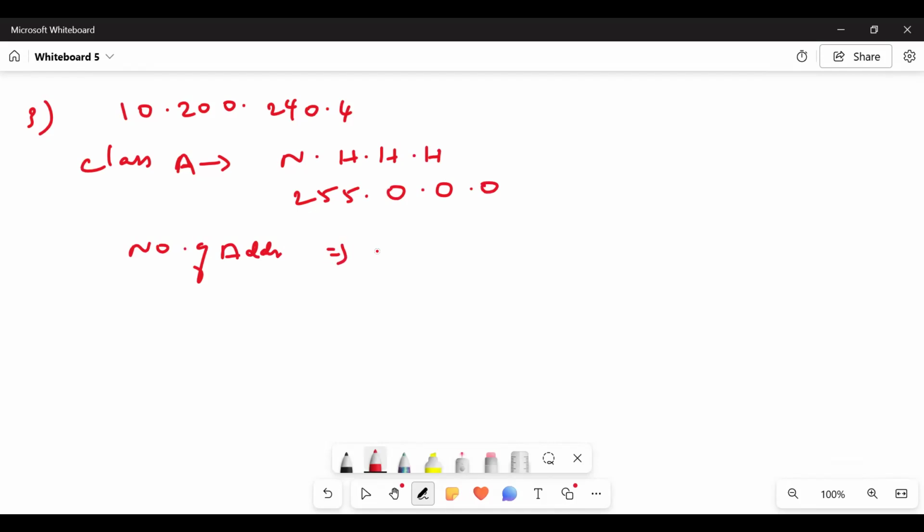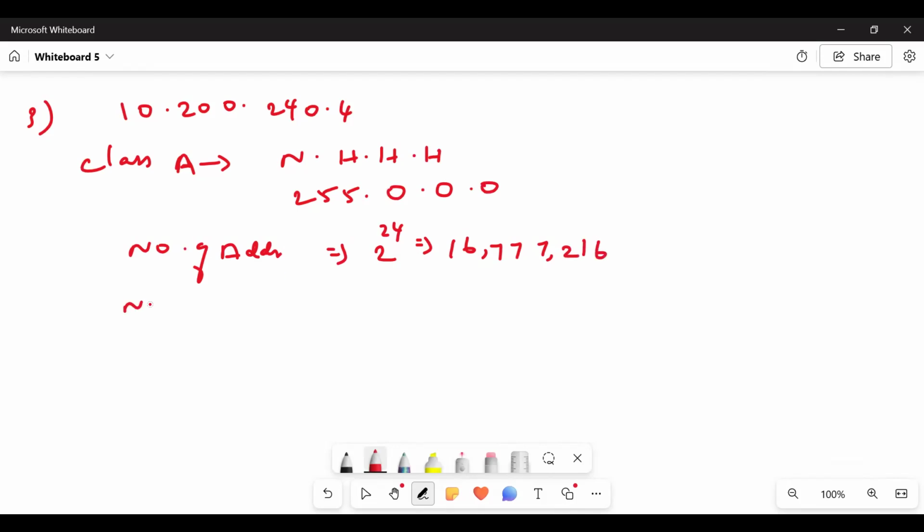Now how to find the number of addresses? The number of addresses is 2 power 8, 16, 24, so 2 power 24. The value computes to 16,777,216.